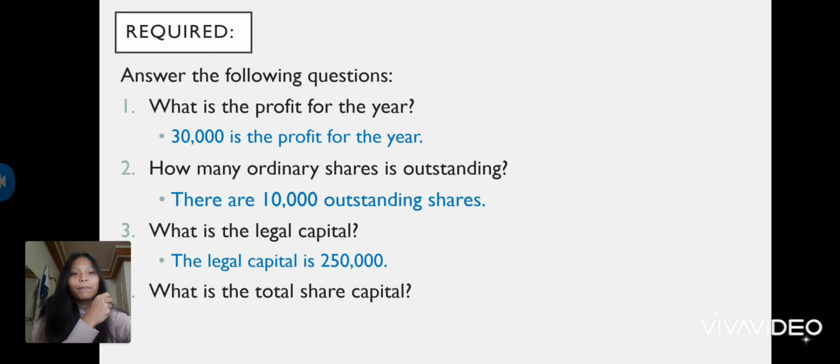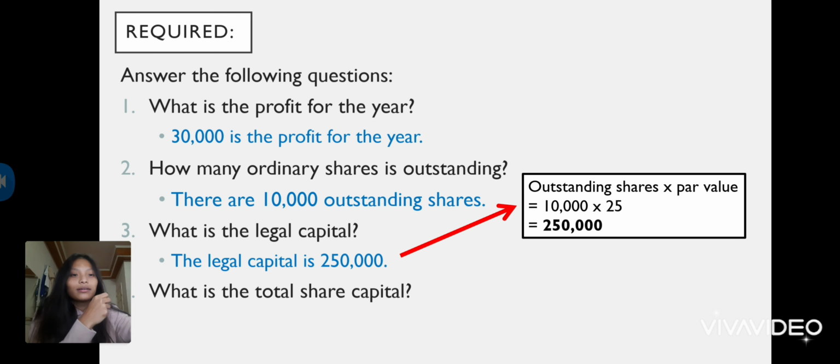Number 3, the legal capital is 250,000. I was able to get that by multiplying outstanding shares by the par value of 25. So 10,000 outstanding shares times 25 will equal 250,000. That will be the ordinary shares too.